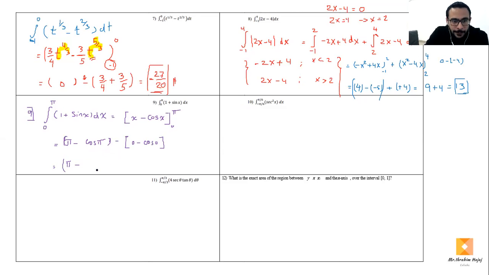Negative 1. So the first part is pi plus 1, and cosine 0 is 1, so it is pi plus 1 plus 1, which gives pi plus 2. Leave your answer as pi plus 2.